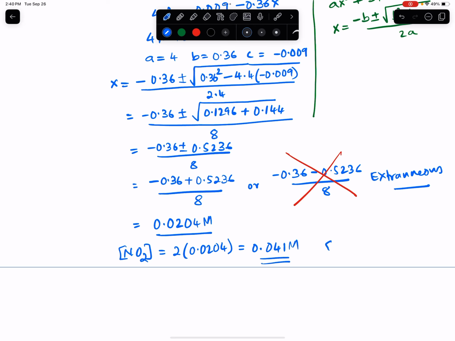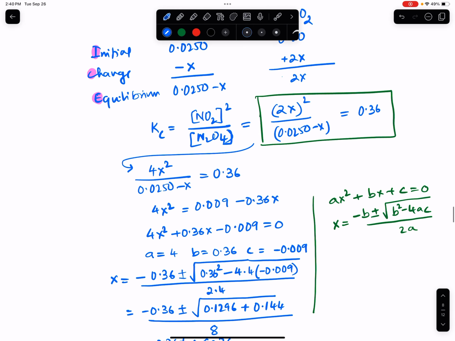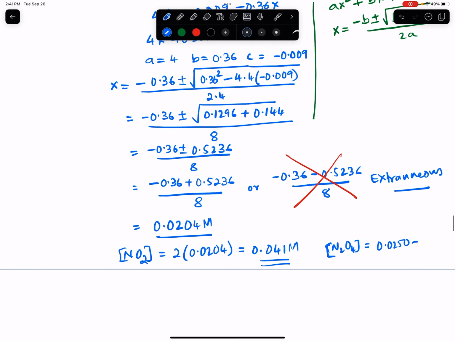And then the concentration of N2O4 is equal to 0.0250 minus x. I forget what x was. x is equal to this. So that is equal to 0.005.